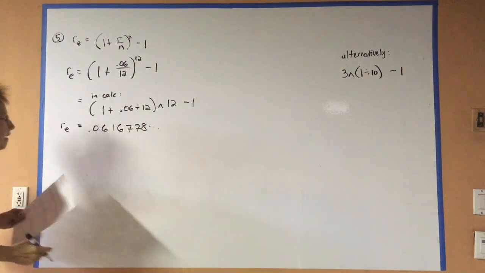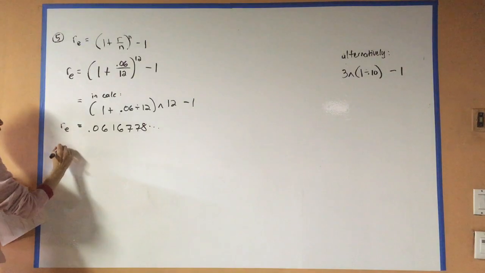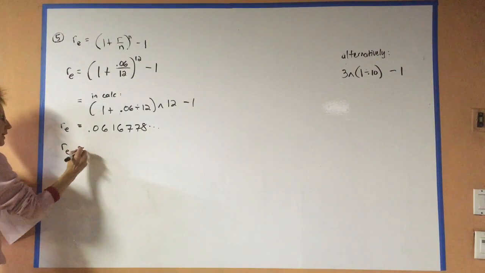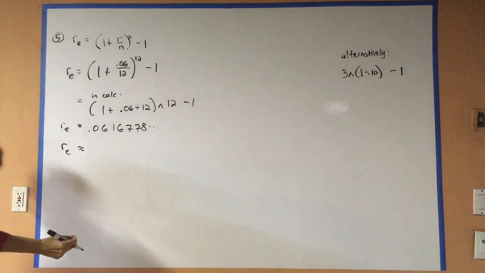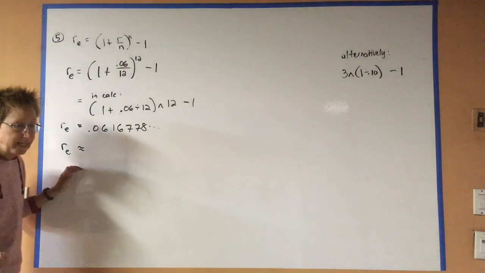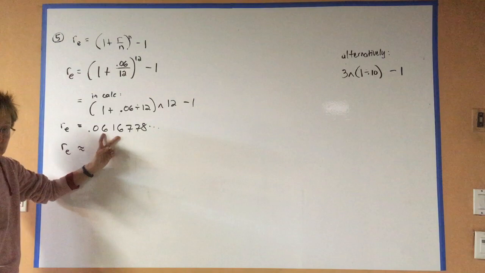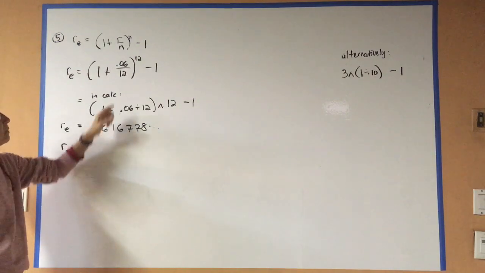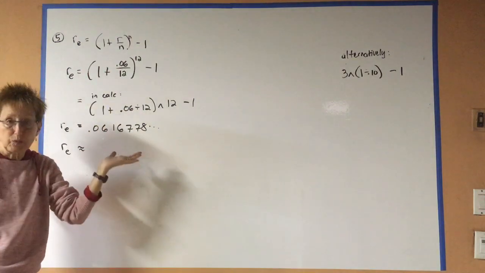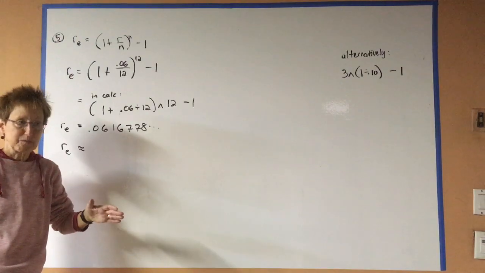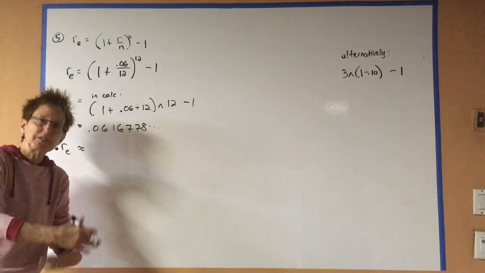0.0616778, and so on. Again, the effective rate of interest is an interest rate, which means I want to write it as a percent. This is its decimal form, and it should be more than the 6% that we started with. Otherwise, I'm doing something wrong, because remember, we're putting interest on top of interest income.